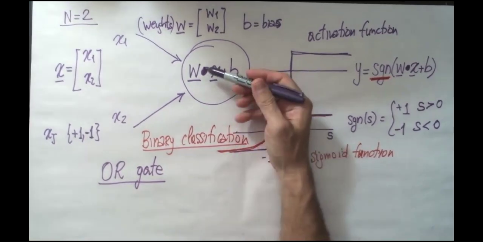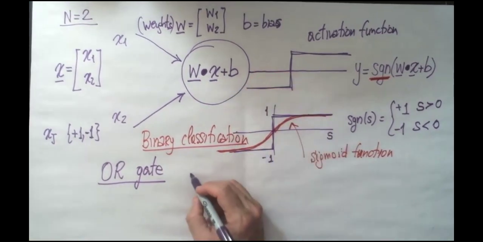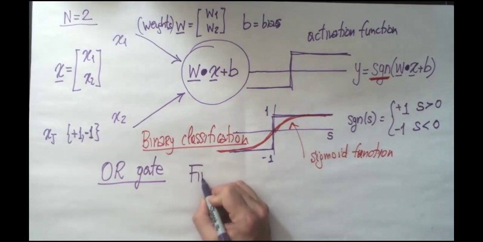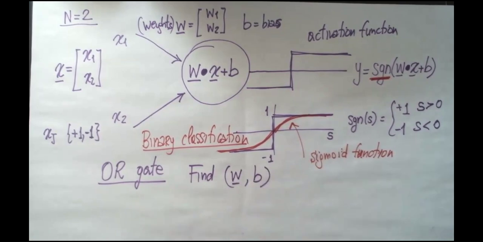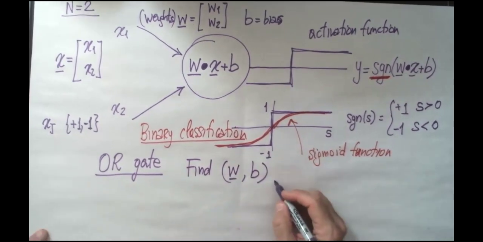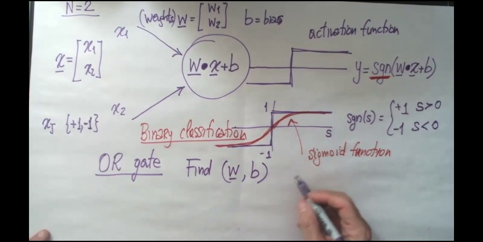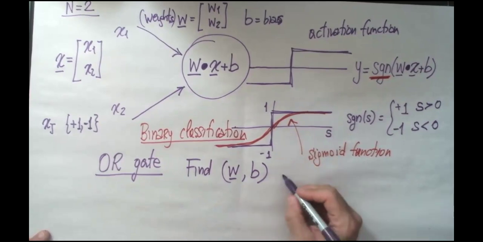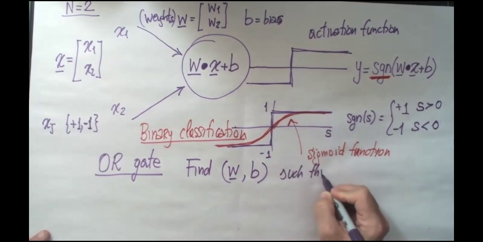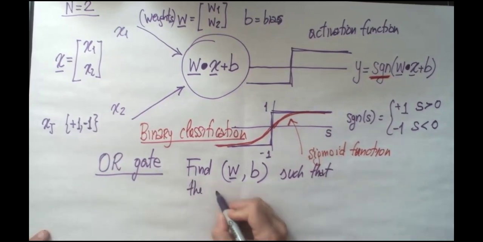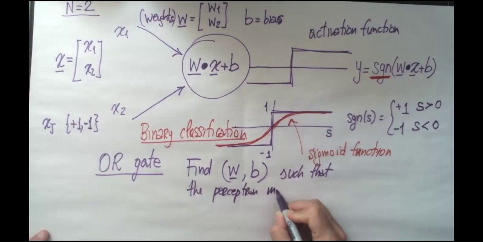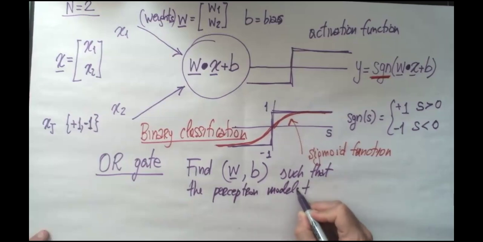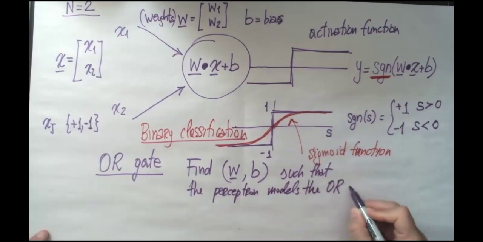And we want to find the weights and the bias of the perceptron such that the perceptron models the OR gate.